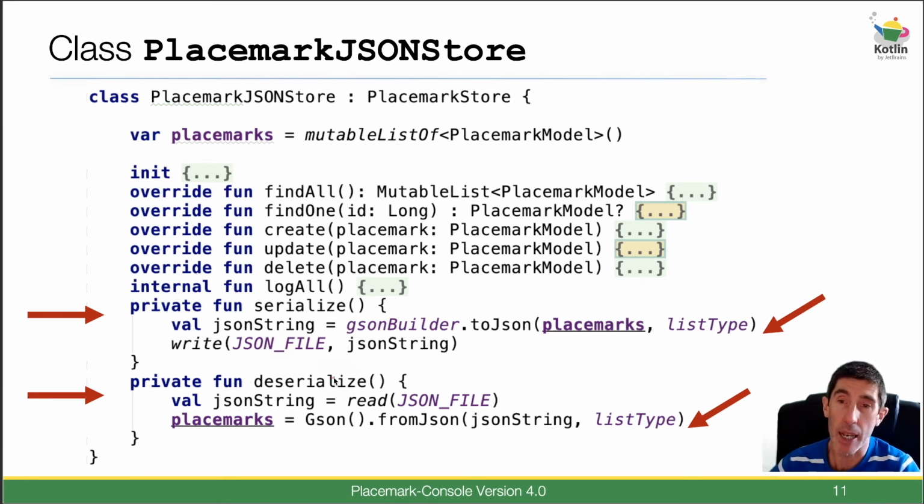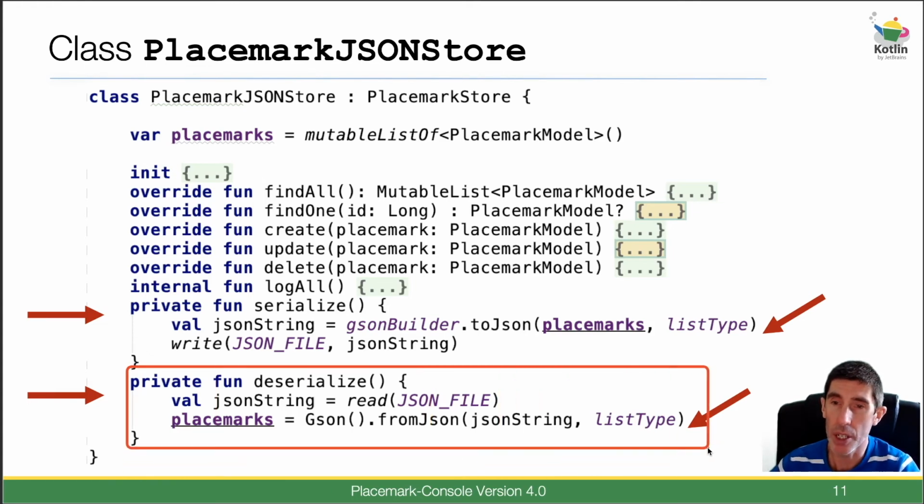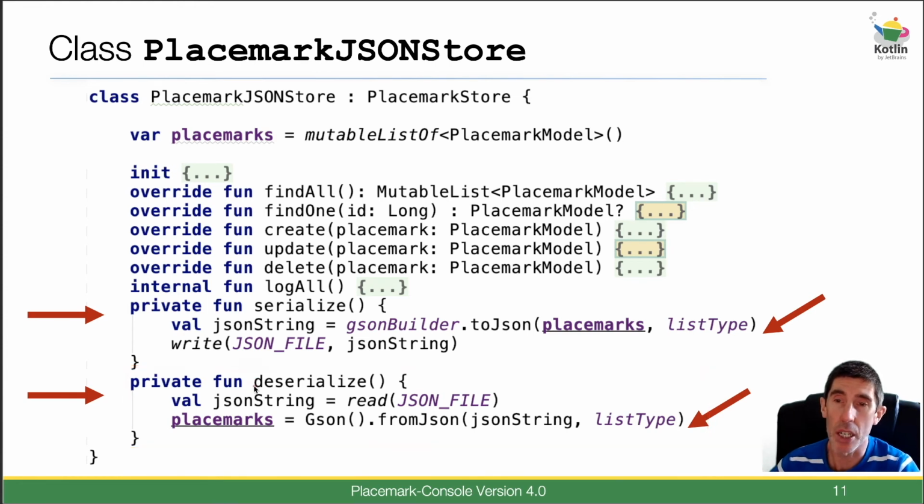And we can see the example here for the deserialize. When we're reading back in, from our PlaceMark JSON store we would call the deserialize function, which will read in a basic string from that same JSON file and store it in this JSON string variable. Then we pass it to our JSON builder again, just using it slightly differently here, and we say jsonBuilder dot fromJson.